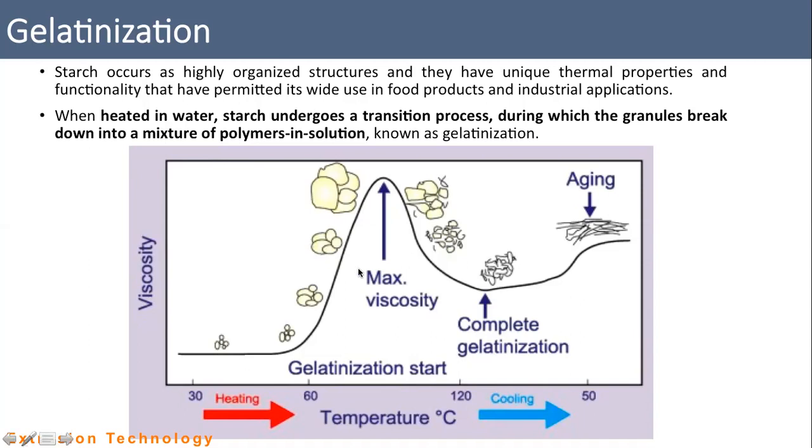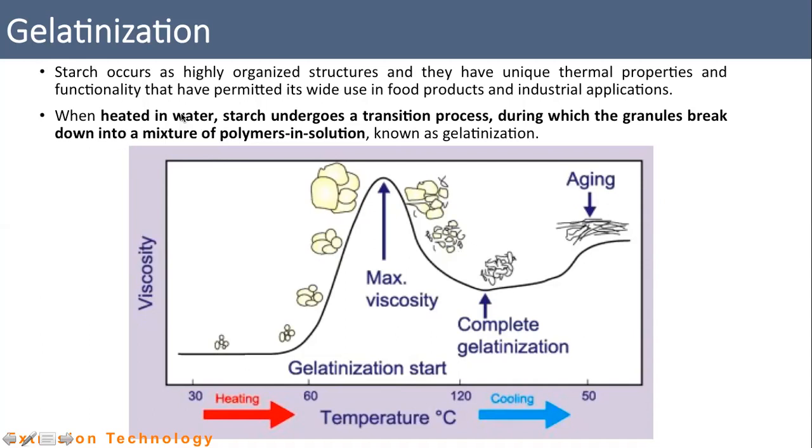And as an example, when we put sugar and water together and boil it, the viscosity will increase, and finally when we cool it, the viscosity will decrease and a constant viscosity is there. So starch occurs as highly organized structures, and they have unique thermal properties and functions that have permitted its wide use in food products and industrial applications.